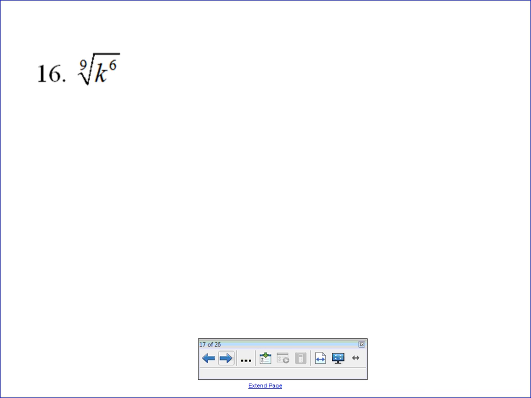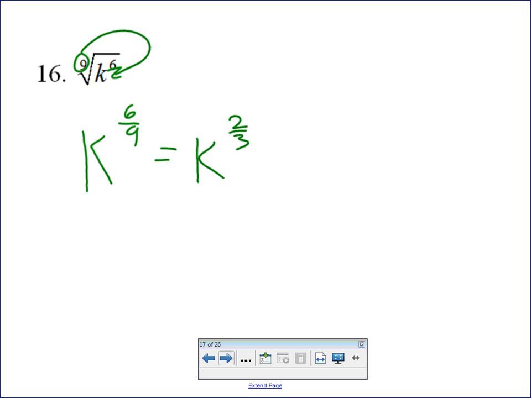All right, this is one of the ones where it helps to remember your rational exponents. You could write this as k over 6 to the ninth. Remember, the index becomes the denominator of the fraction. And then I can reduce that to k to the 2/3. And this is the correct answer.